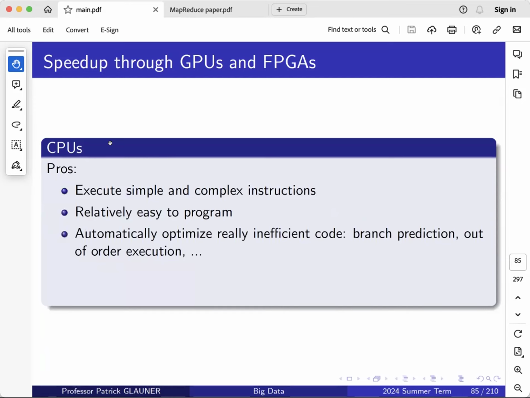So let's compare CPUs and GPUs a little bit. CPUs are actually extremely useful, and they will not disappear because of GPUs. GPUs will have their stake, especially for certain tasks, but I don't think CPUs will disappear in the foreseeable future, because CPUs can execute very simple, but also very complex instructions. They can do more than just multiplications or additions.